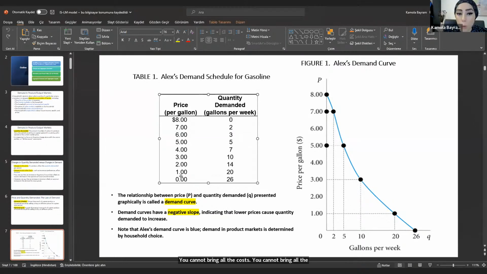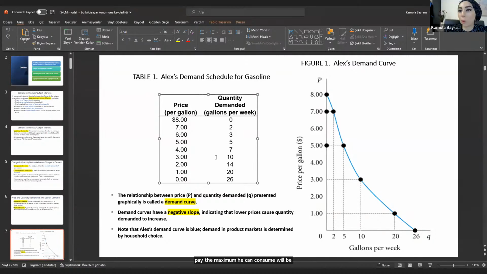So here it means that when the price is 8 USD, it's too expensive for Alex, which is unaffordable. Therefore, the quantity he's going to consume will be equal to 0. Meanwhile, if I'm going to give this good to Alex for free, he's not going to pay. The maximum he can consume will be 26 gallons per week, right?